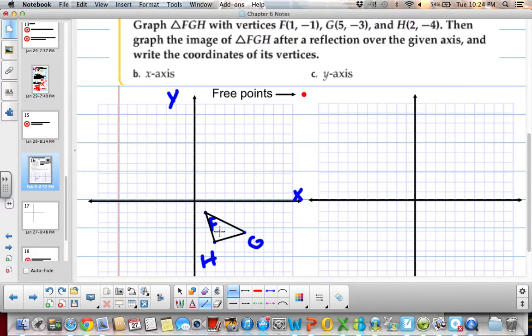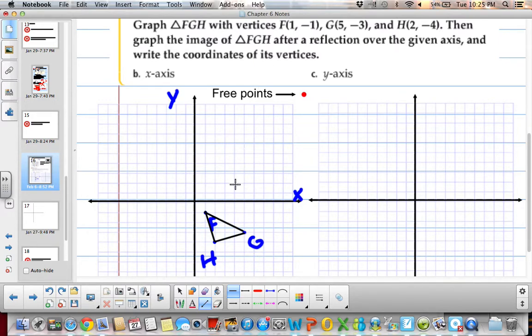Okay, so what we do then is we can look at where our point is. So F, we're not moving it at all, which seems like it would be opposite, but we're not moving our x number at all.